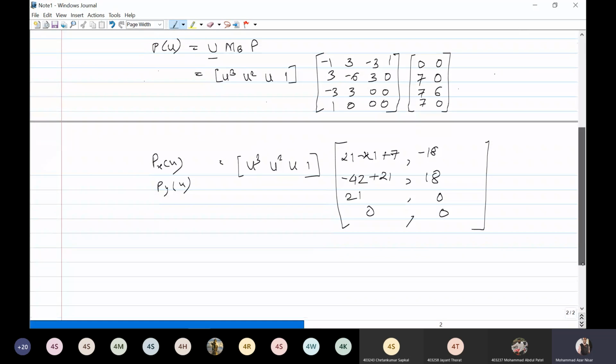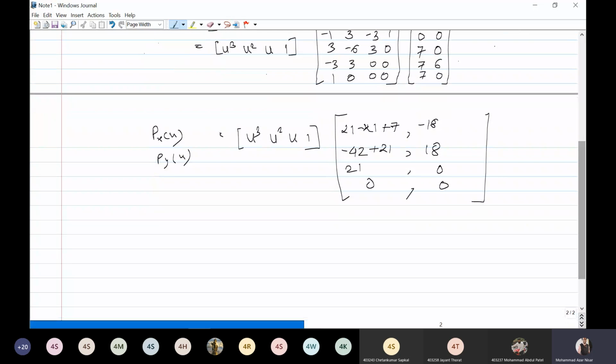Now, after this, we can write the two equations. Again, I will write u cube, u square, u and 1, and rewrite this matrix. So it is 7, then 1, and this will be -18.